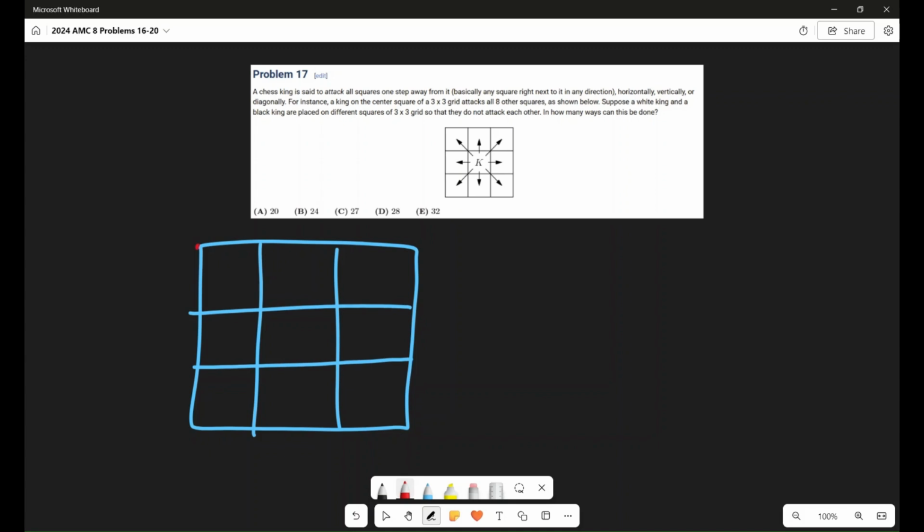If we place the black king in a corner, then how many ways are there to place the white king? Well, if we want the white king to be next to the black king, then there's 3 ways. Like for this square with the 3 in it, you can use this, this, or this. So it's 3 for each of those.